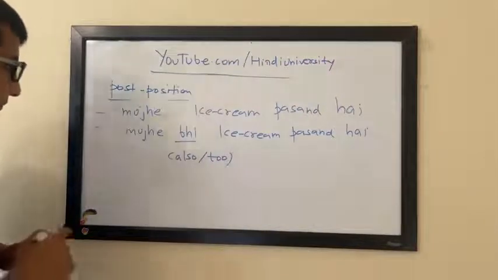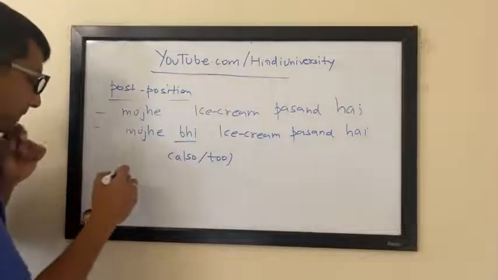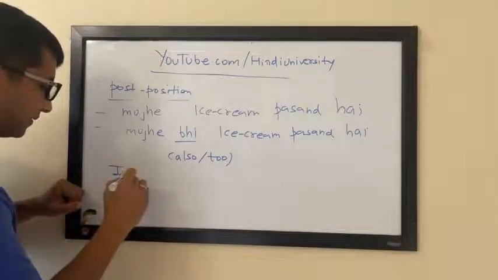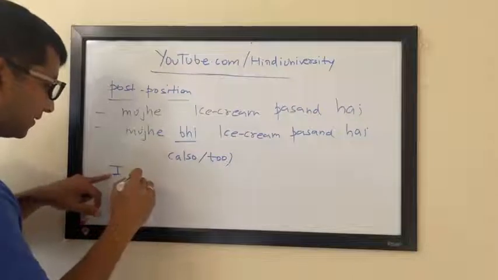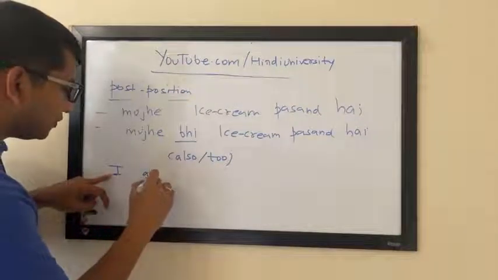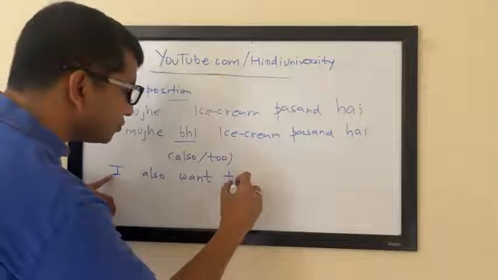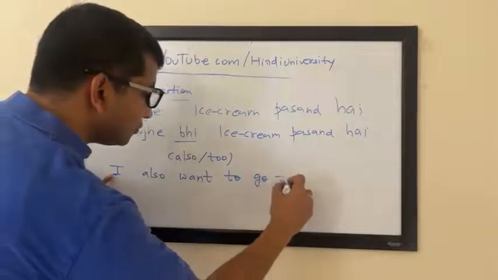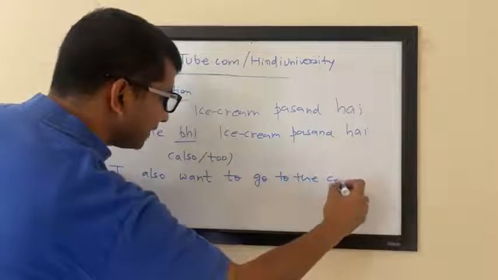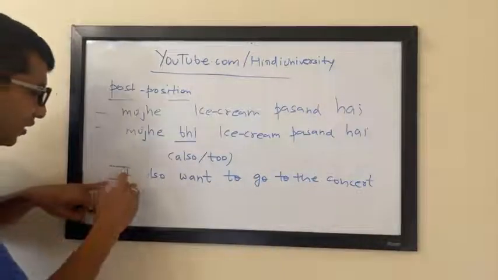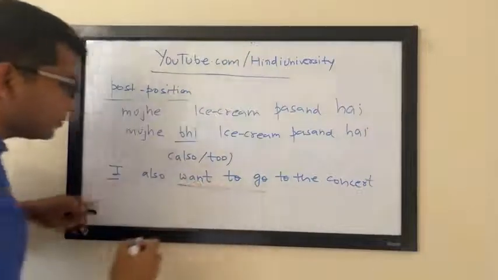I also wanted to go to the concert, so मुझे भी concert को जाना. Okay. I think that's what you want to say. I also want to go to the concert. Okay, so this is what you want to say. I want to go. So let's say, how do you say this part? I want to go.